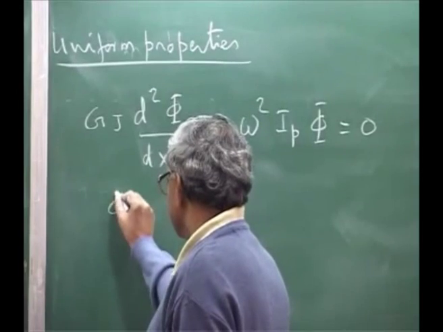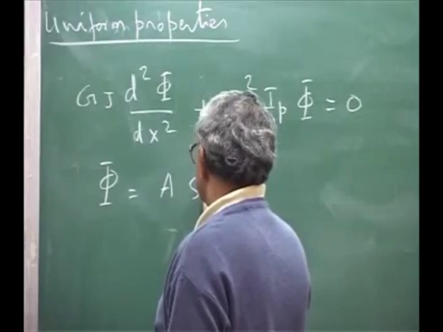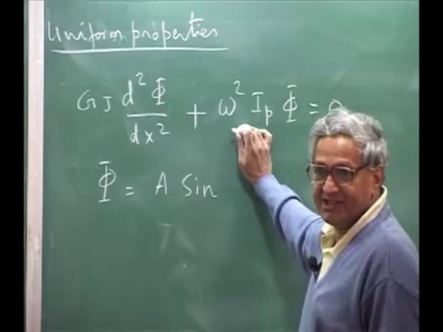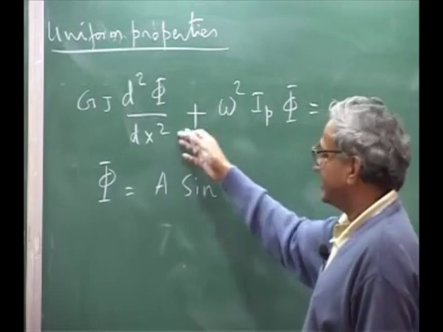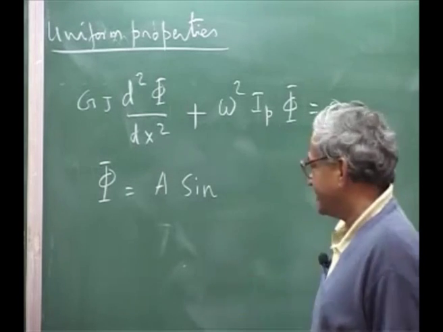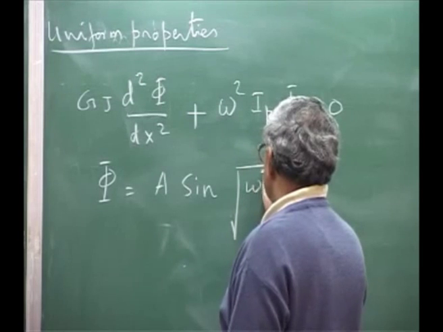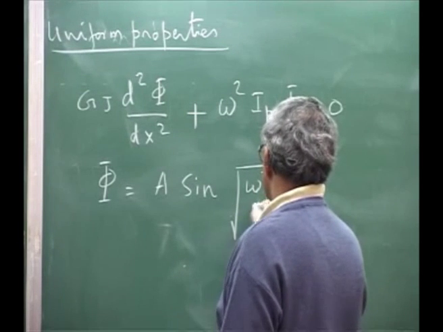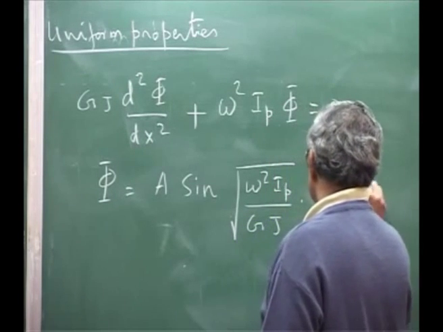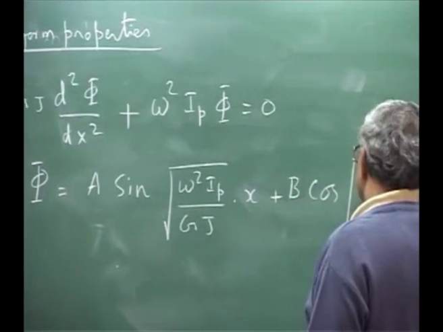I can divide by GJ; this is nothing but a second order differential equation, a simple vibration problem. You will write the solution as a sine of square root of ω² Ip over GJ into x plus b cosine of square root of ω² Ip over GJ into x.